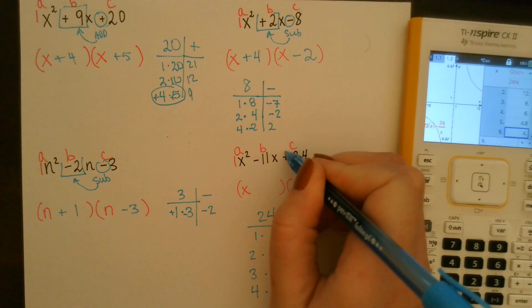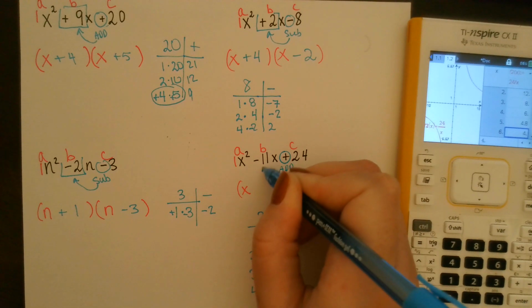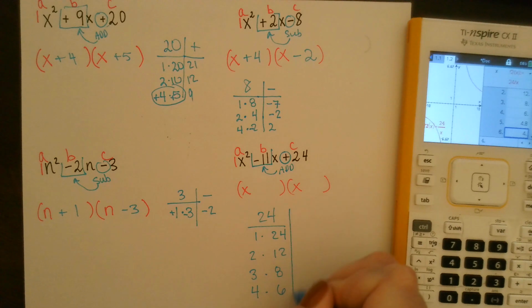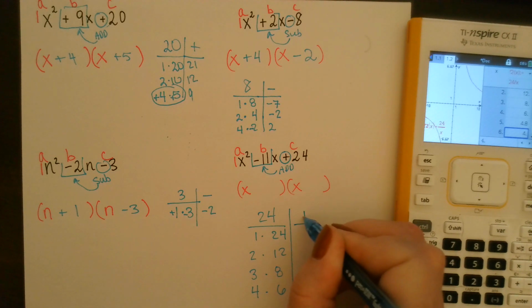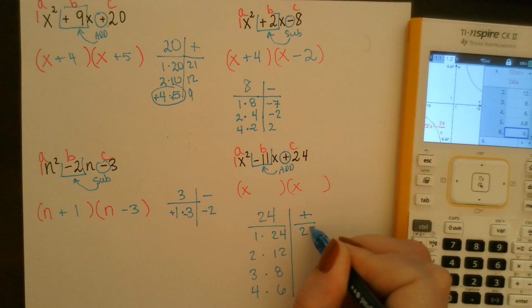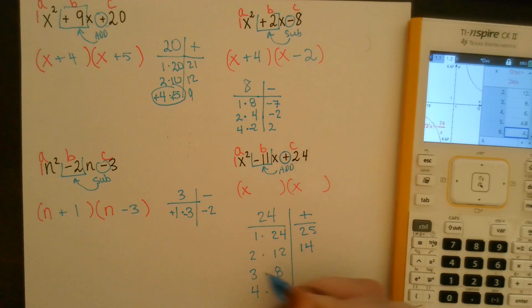Then we check this symbol. This says we add, and we need to add until we get a negative 11. So let's add. 1 plus 24 is 25. 2 plus 12 is 14. 3 plus 8 is 11. 4 plus 6 is 10.